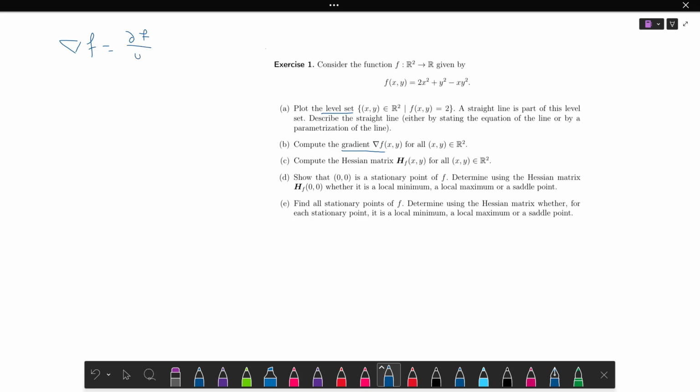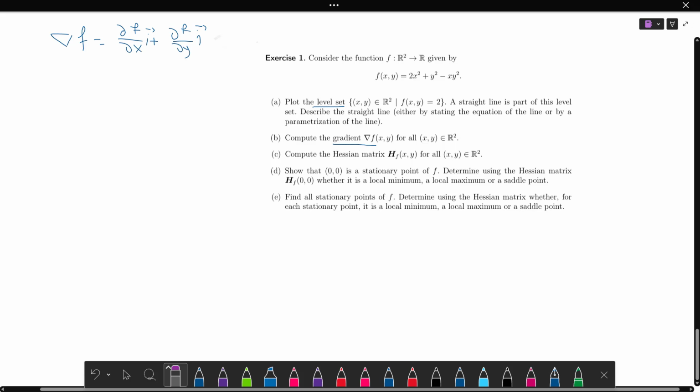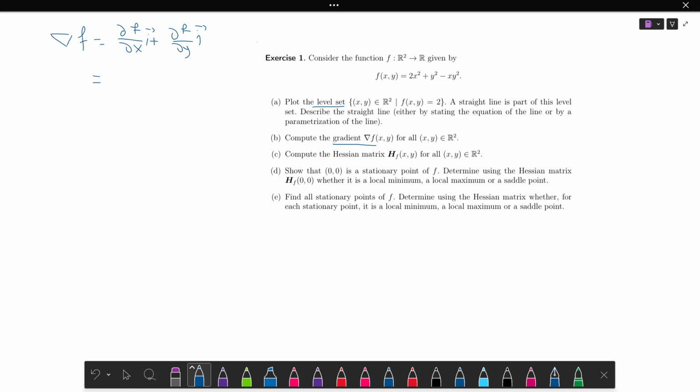Partial f by partial x i plus partial f by partial y j. We have only two, right? So I will stop at the second one. Let's go one by one. Partial by partial x: differentiate this with respect to x, Alan.